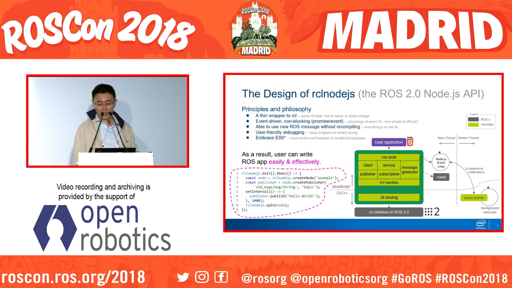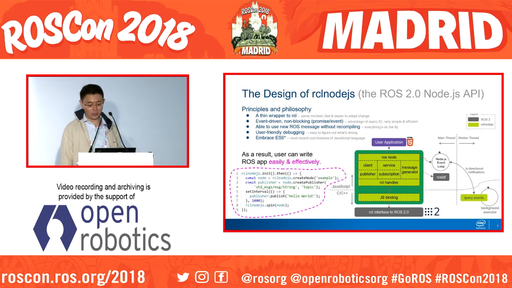But now we have the RMW layer in ROS2 and the RCL library on top of it. The RCL library is written in C and implements the behavior of ROS concepts that are non-platform specific. So we use Node.js to wrap it and to make it as fast as possible.